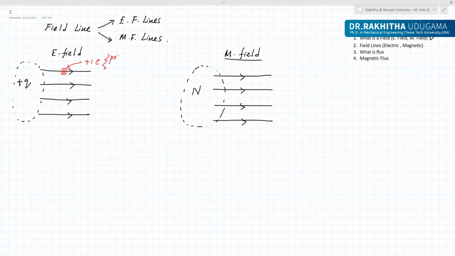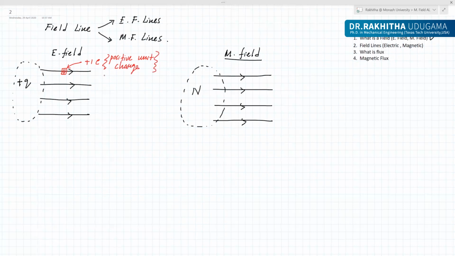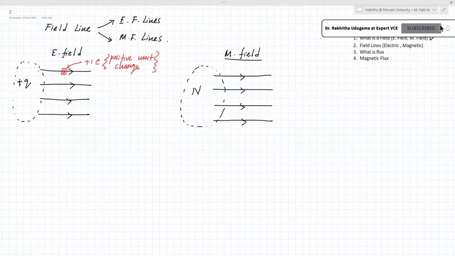Okay, positive unit charge. Okay, so when you use a positive unit charge, having a positive charge on the left-hand side, meaning the electric field is to the right, then this charged particle tends to move to the right, this direction.